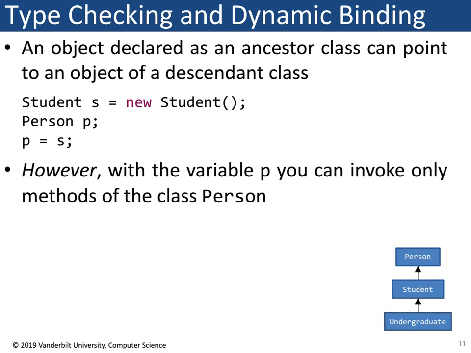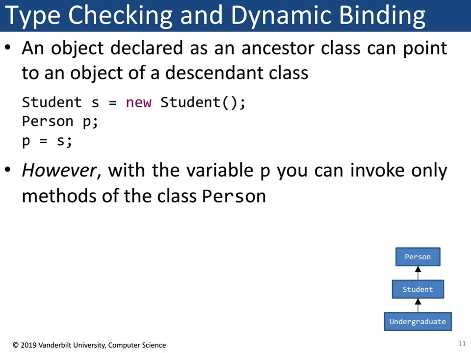However, a call to one of those methods may actually wind up calling one of the overridden versions of that method. As an example, we can say p.getName, but we can't say p.getStudentID because getName exists at the person class level while getStudentID does not. We can say p.toString as well because toString exists at the person class level.